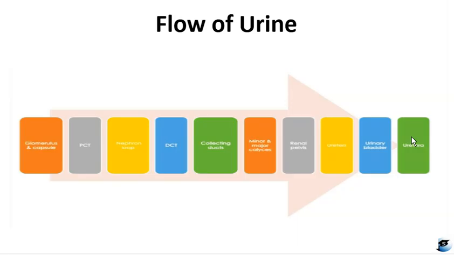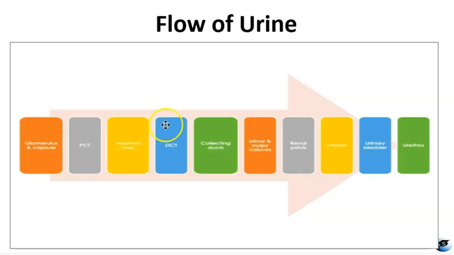The ureter transports the urine to the urinary bladder for storage. Finally, when urination occurs, the bladder empties through the urethra, releasing the urine from the body. So this pathway ensures that waste and excess substances are efficiently removed while the body retains what it needs for balance and health. And you should know this pathway.